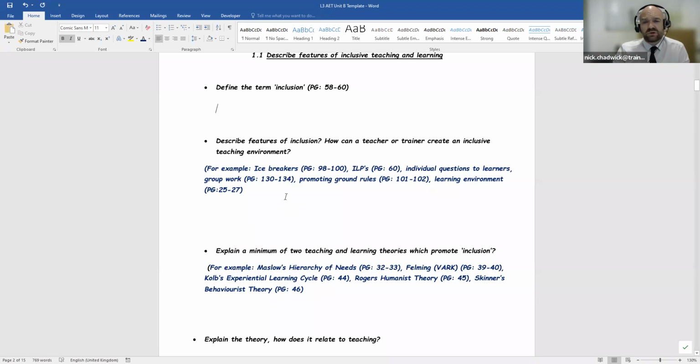Okay, so just following on, we would like for you to describe features of inclusion. How can a teacher or trainer create an inclusive teaching environment? Now there are a number of ways that you as a teacher or trainer can promote inclusion, by promoting the use of icebreakers, individual learning plans, individual questions to learners, setting group work to make sure all learners are included, promoting the ground rules as well.